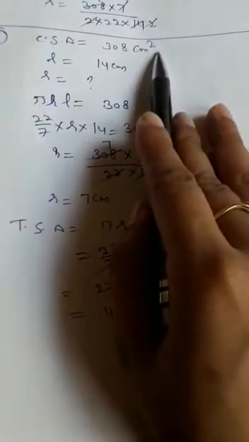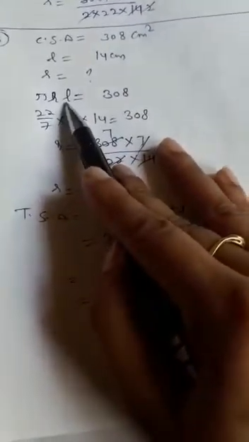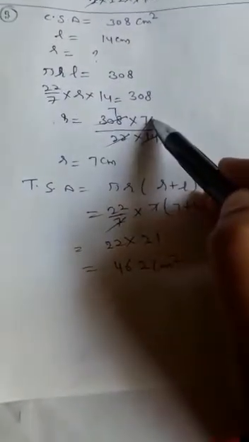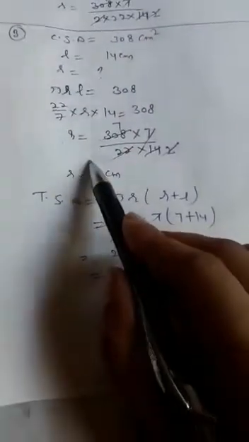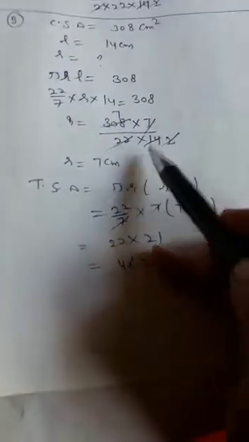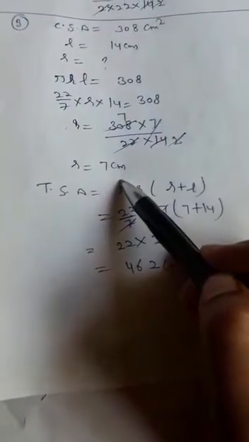It is given 308 centimeter square and L is given 14. So use the formula pi r L is equal to 308. Put the values: 22 upon 7 into r, which we have to find, into L, 14, is equal to 308. So r will be 308, this 7 will be multiplied on that side, over 22 into 14. After solution we will get r as 7 centimeter.